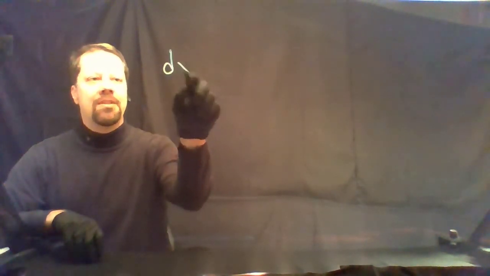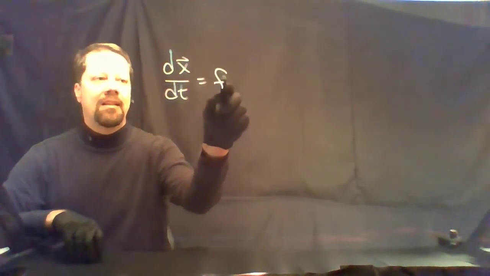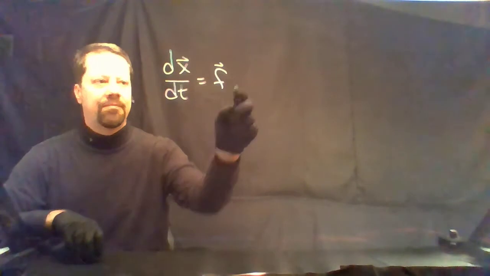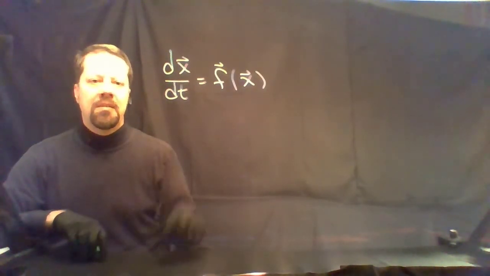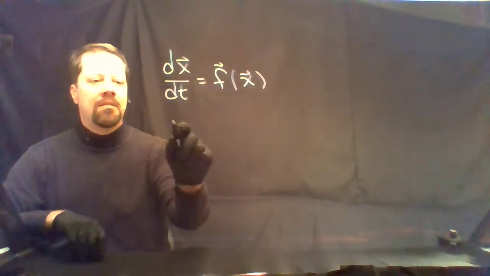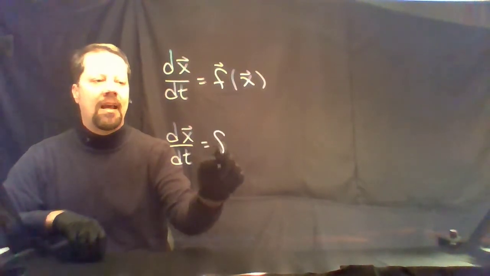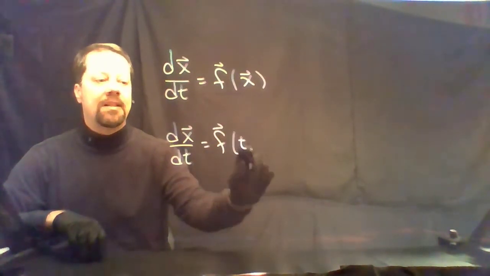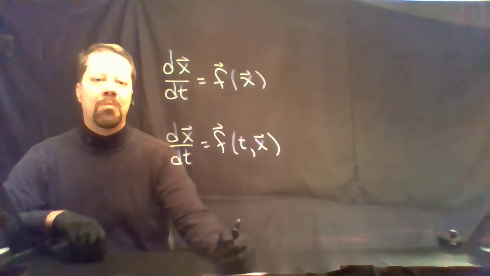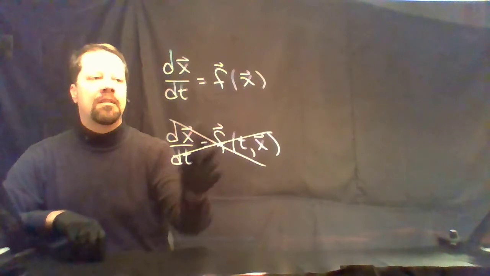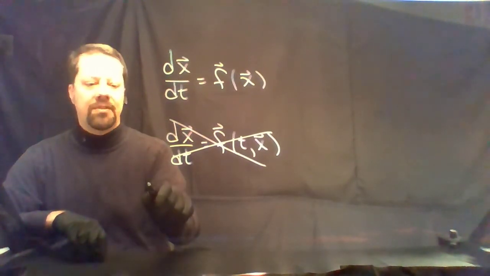Consider differential equations of the form dx/dt is some vector-valued function of x. In particular, we're not assuming that these are linear, and we're not assuming that this depends on both the independent and the dependent variable. Instead, equations of this form are said to be autonomous.